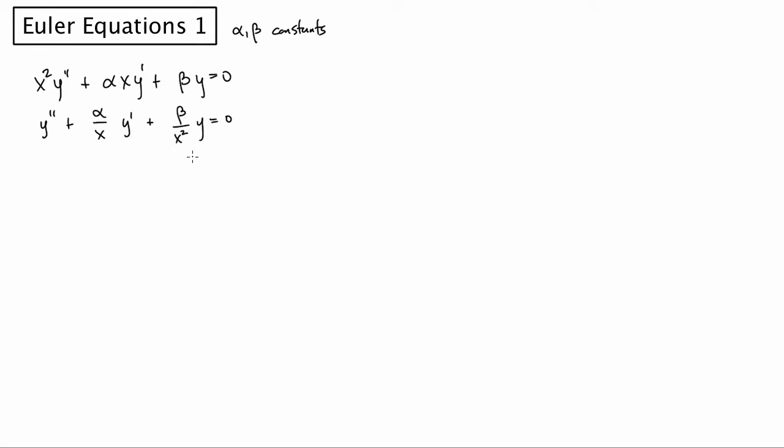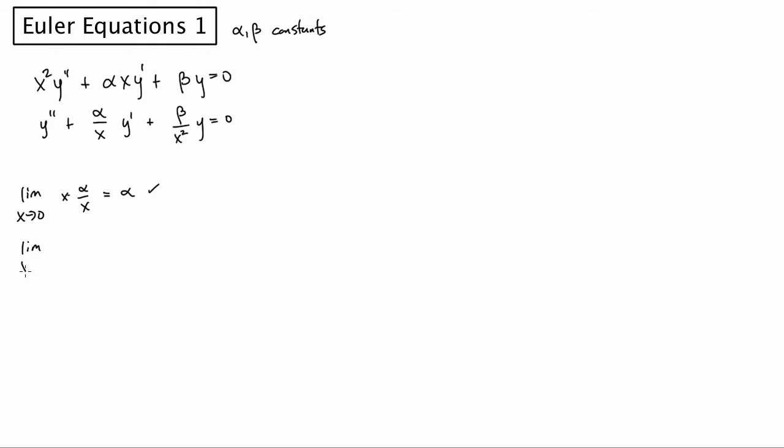So if we were testing this, I want to expand about the point x equal to 0, and if you look at the limit as x goes to 0 of x times alpha over x, this limit is equal to alpha. Since alpha is a constant, we're not assuming that alpha is infinity. It can't be in this case. So that one checks out for it being a regular singular point.